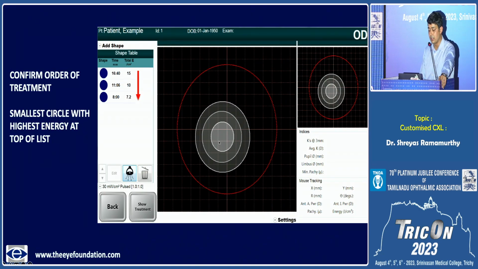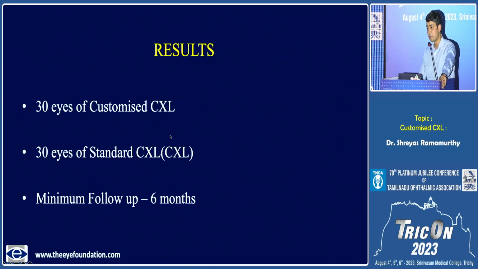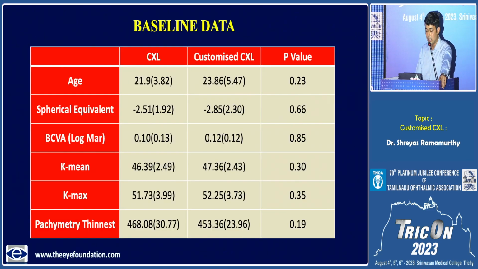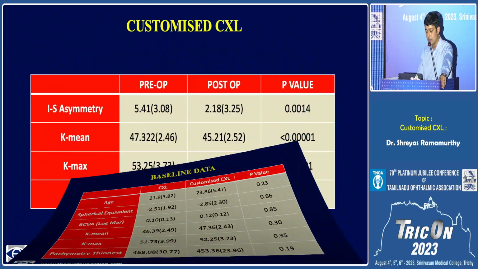Maximum energy in the center goes on reducing as you go out, and as you can see, the time duration also keeps reducing as we go out. So just showing some of the initial results comparing customized CXL with standard CXL with a minimum follow-up of 6 months. This is just to show the baseline data was similar across both the groups.